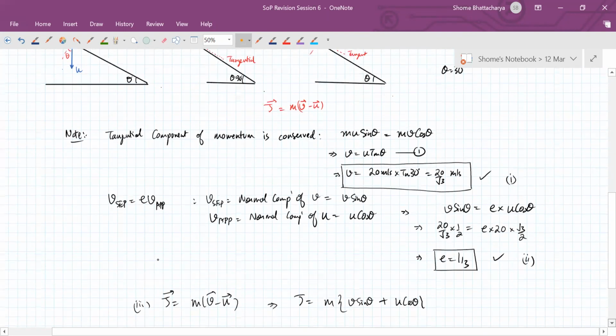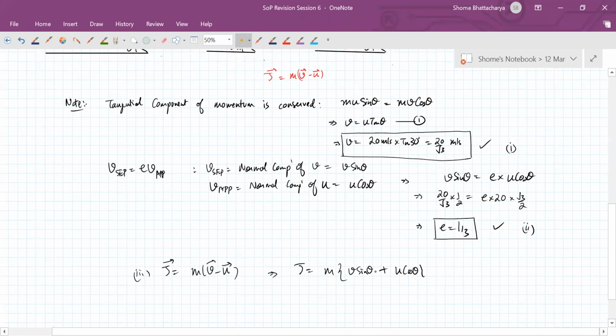When we apply component algebra to this equation, the collision impulse will be 0.2 kg multiplied by 20 by root 3 into half, plus 20 into root 3 by 2.